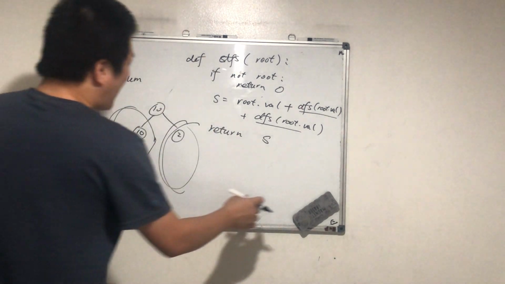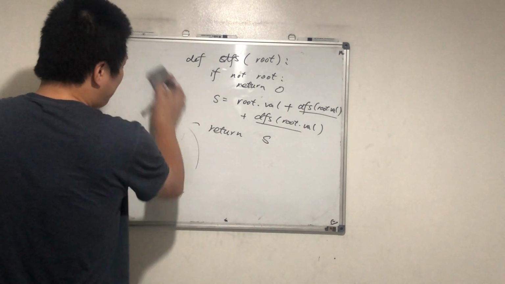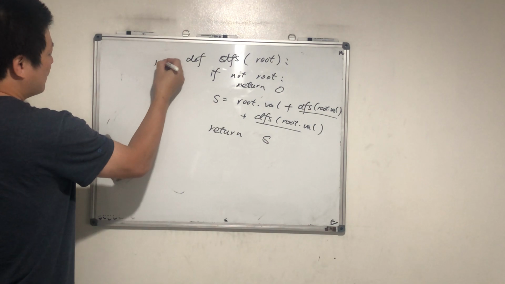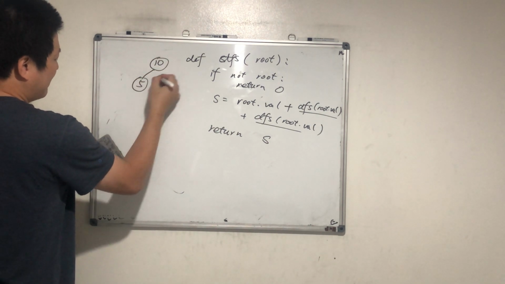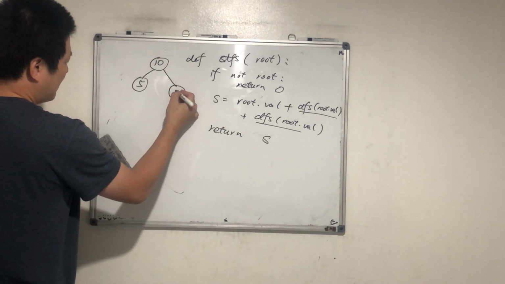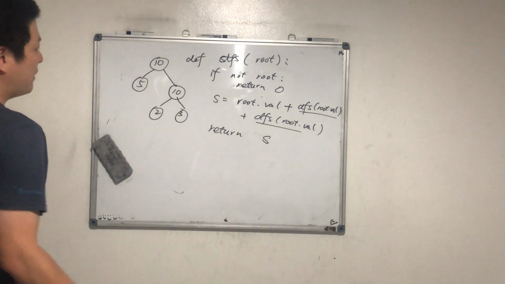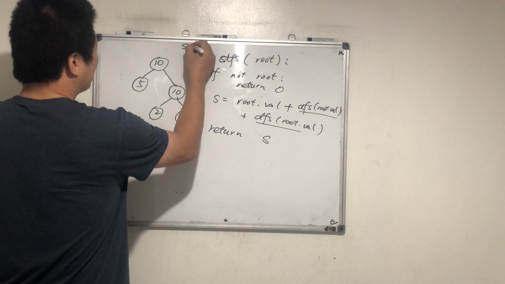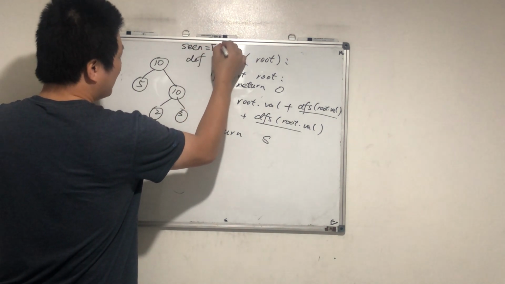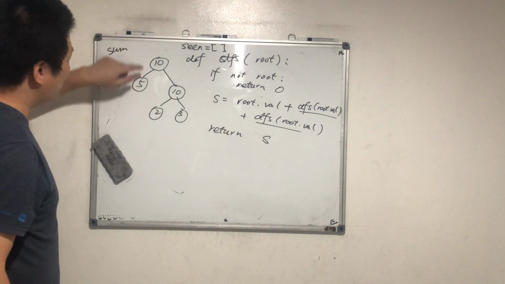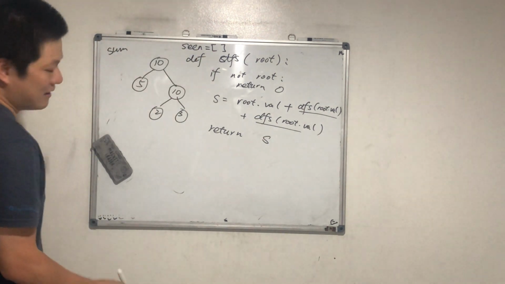Based on this, let's do this tree again. If I have a seen list which stores the sums we have seen so far, what do you think it will contain?